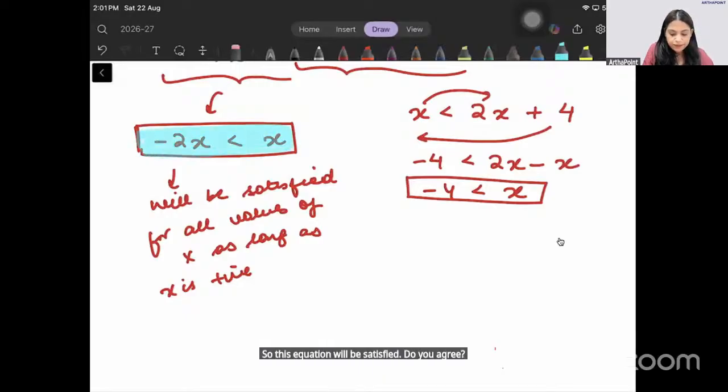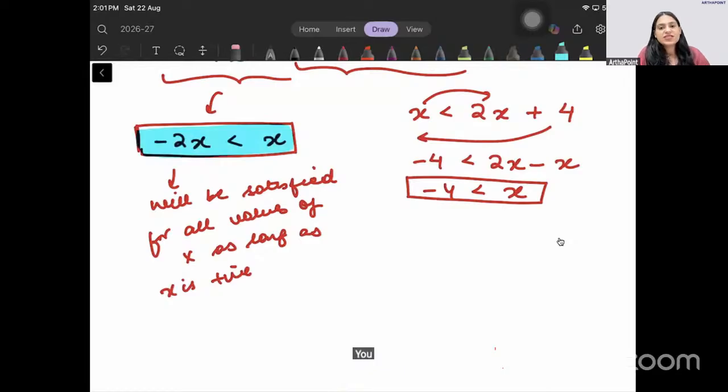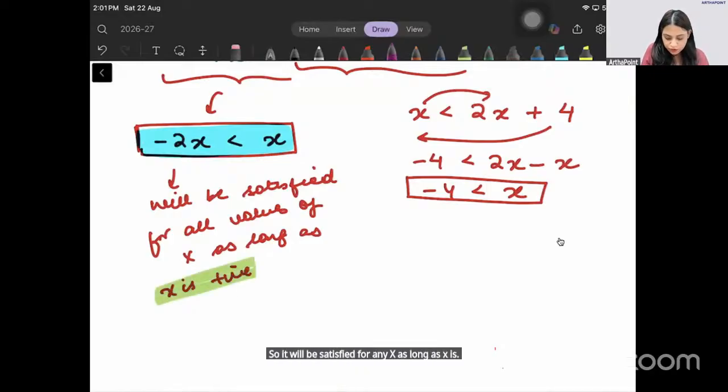Do you agree? You put x as 1, x as 2, x as 3, 4, 5, 10. You put any value of x which is positive, this equation will be satisfied. 0 पे तो 0 ही हो जाएगा.